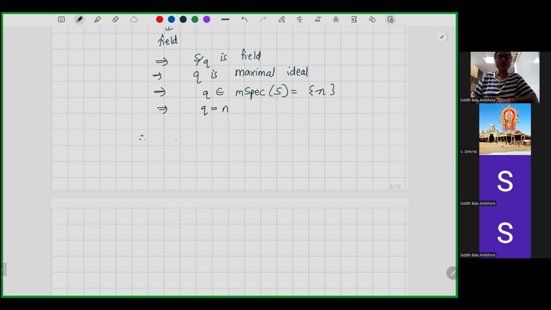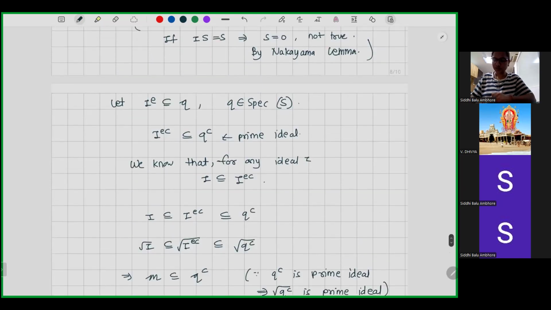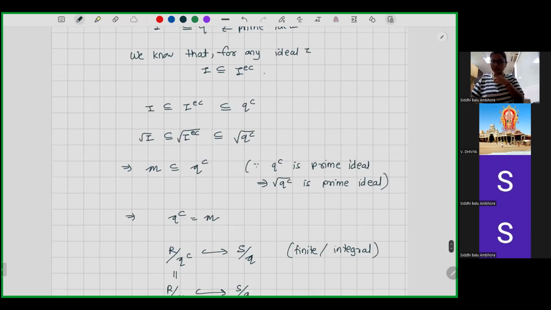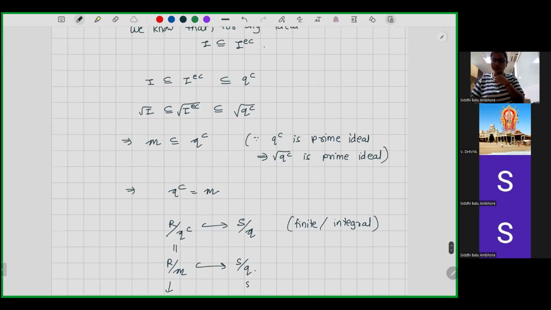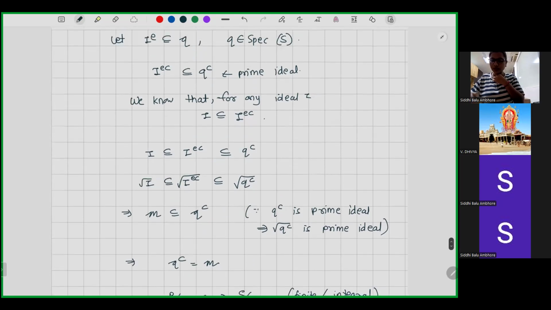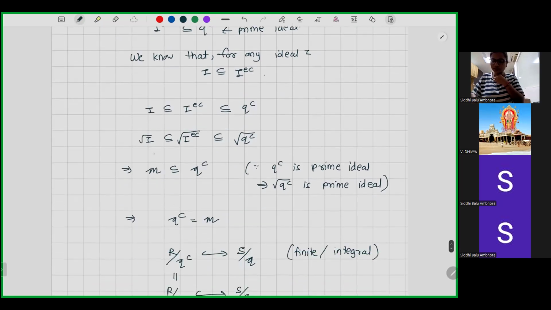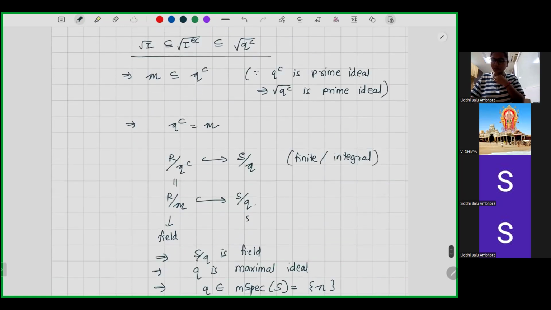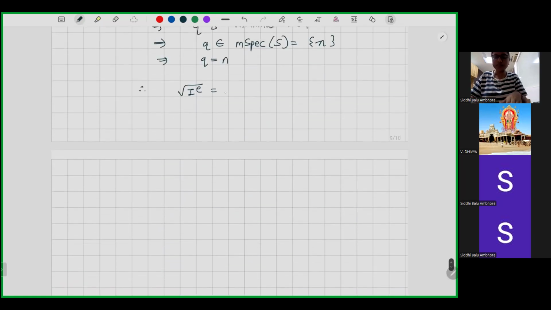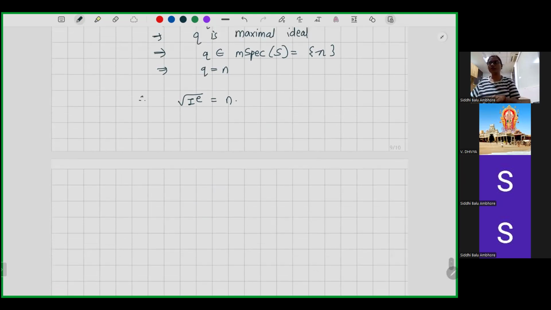Okay, so therefore the radical of I extension is actually N. Is this okay?